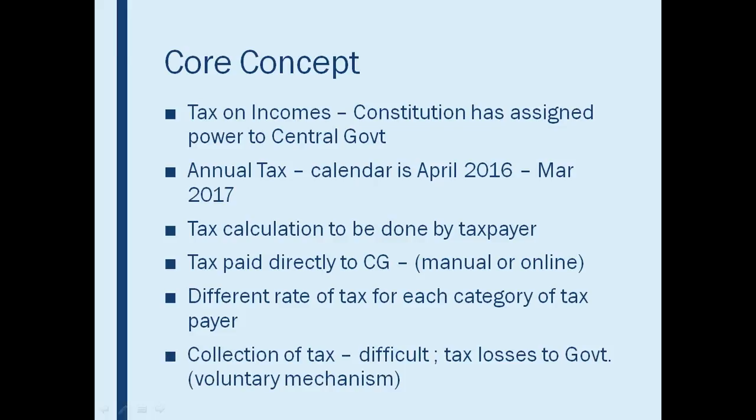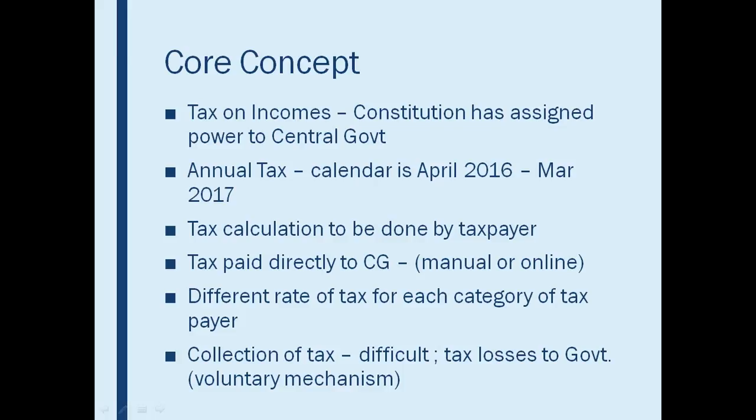And because of the entire structure of income tax, the collection of tax is difficult from the government's point of view, and so there are also tax losses. The major reason is the voluntary concept, that the taxpayer himself has to calculate the income which is taxable, and then he has to calculate the income tax, and then he has to pay the income tax.